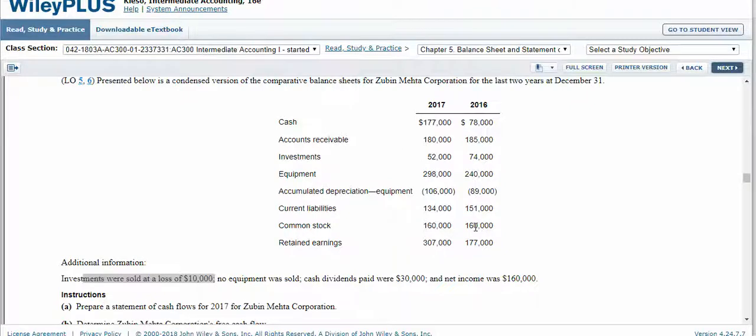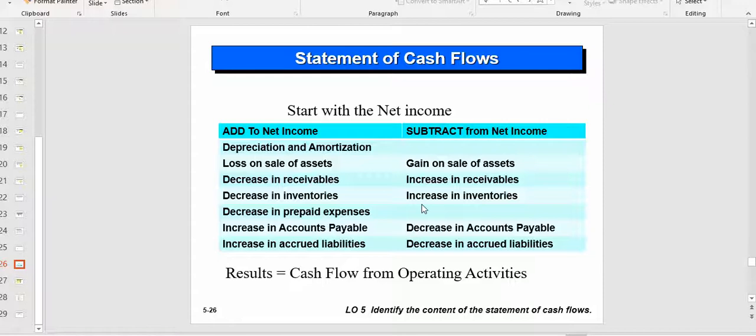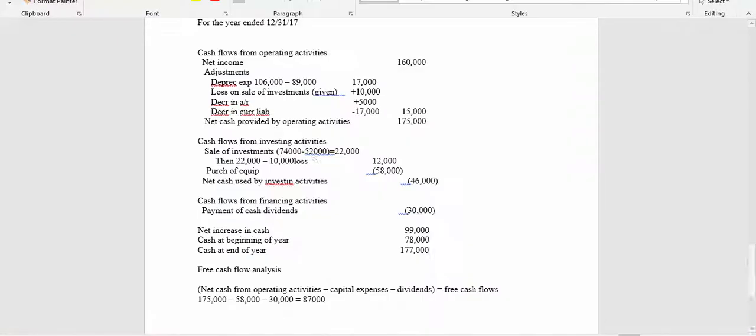We were using up cash to pay our liabilities. So a decrease in payables, a decrease in current liabilities, means we subtract. I know I'm switching around a lot.